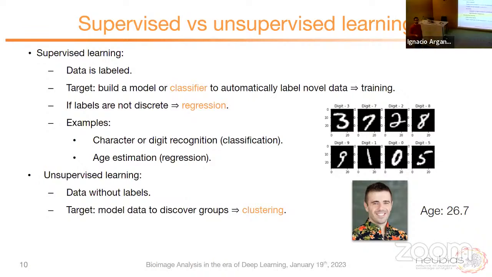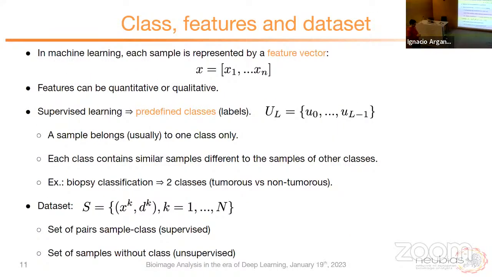In the unsupervised learning, the data comes without labels. So the target is to somehow model the data to discover those groups, or what we call clusters. So this is a typical problem of clustering, that you probably have heard about or used even before. So a few concepts. We have our samples that are represented by this set of measurements that we call a feature vector, because we put them in a vector.